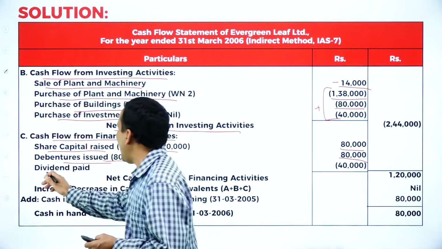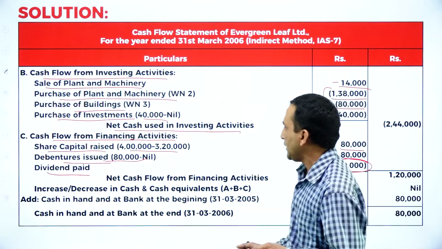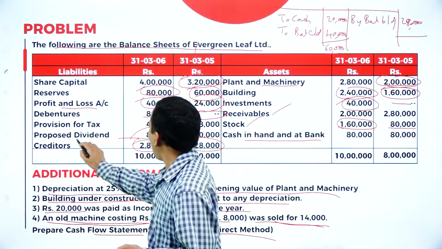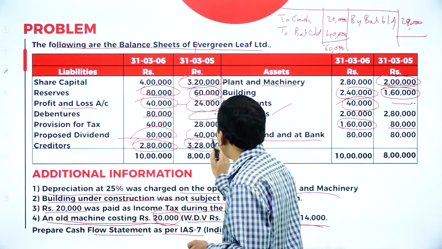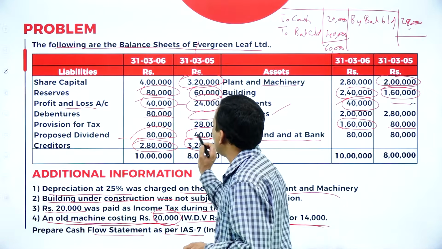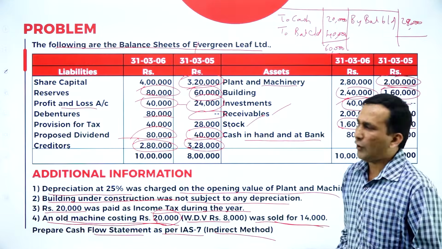Okay, the proposed dividend we paid, 40,000. So how did we get the 40,000 here? See, the proposed dividend, now opening is 40,000, the closing is 80,000. There is a 40,000 increase. That means you paid a dividend of 40,000.